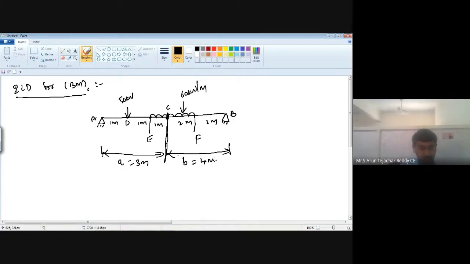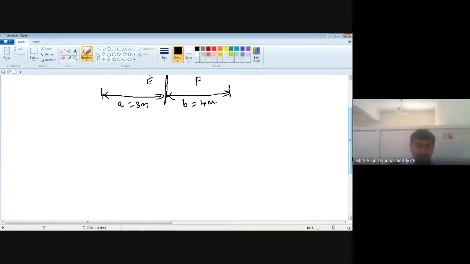Now, in the morning session, we completed the ILD for bending moment at C. Which shape did we get in the morning session? We got a full triangle shape.